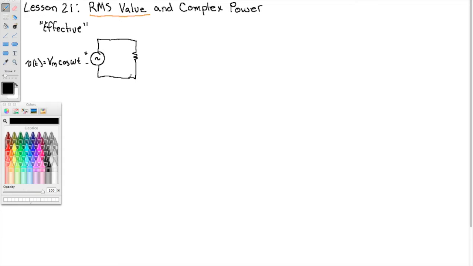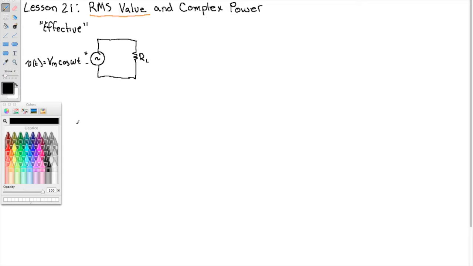I'm going to make the load a resistor, because what I want to bring back here is the concept of average power. The average power supplied from the source to an inductor would be 0, and to a capacitor would be 0. But a resistor only absorbs power, so its average power cannot be 0.